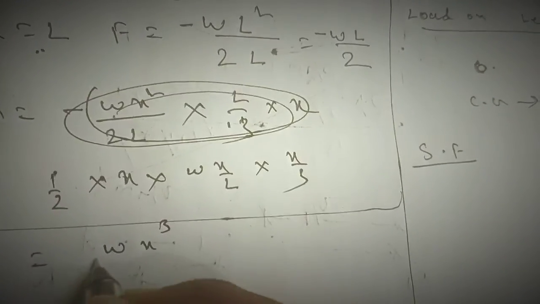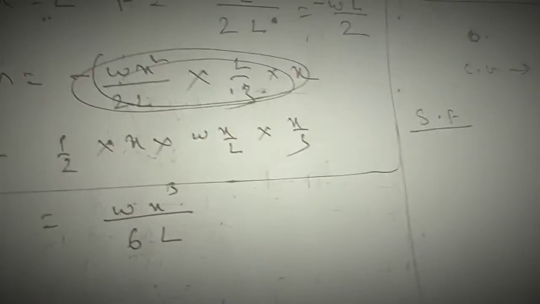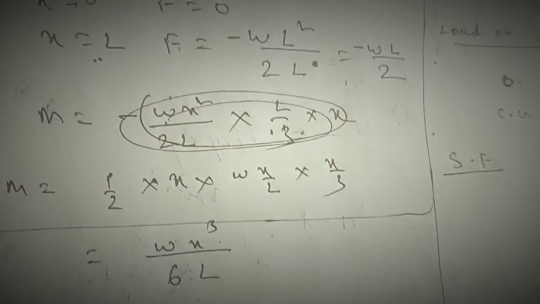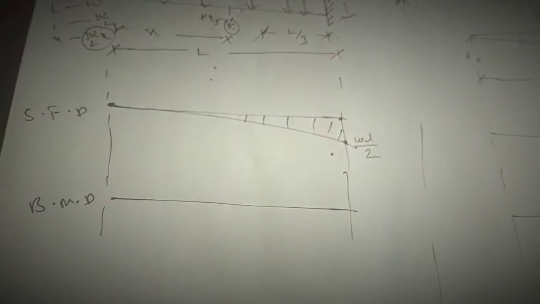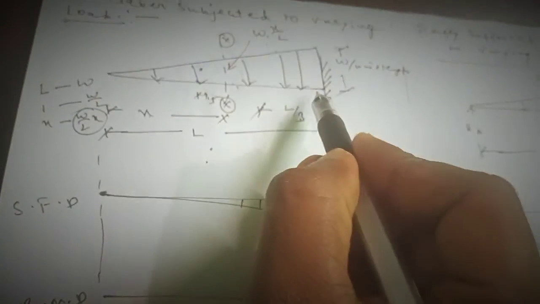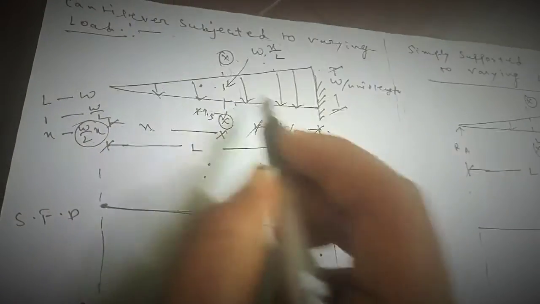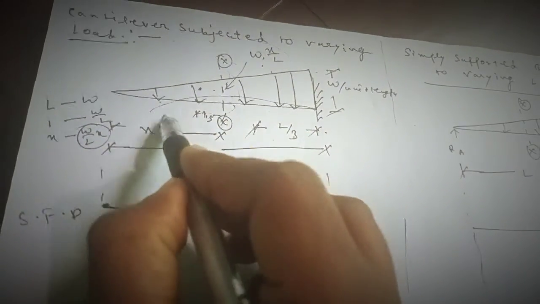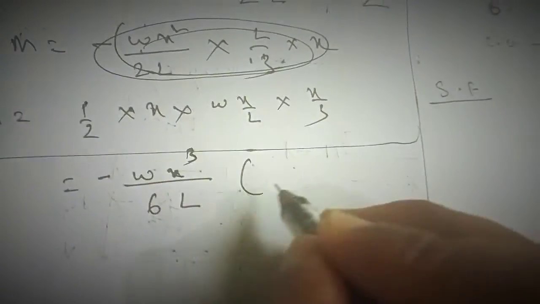This is W X cube divided by 6L. Now what will be the sign convention? Due to this loading, the cantilever will try to bend downward. That means it will be hogging bending, so the sign will be negative. And since the expression here is cube, it is a cubic variation.